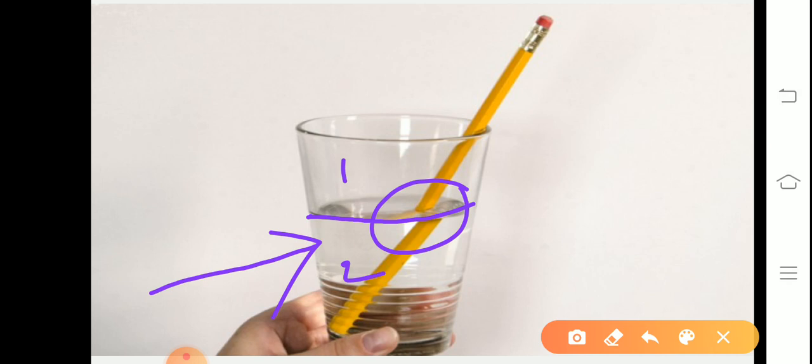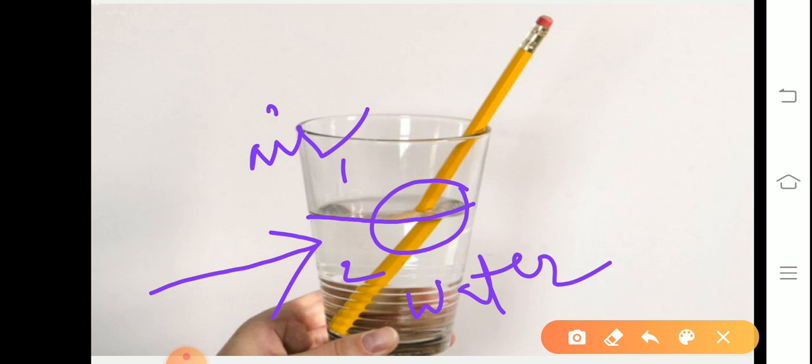What are the mediums here? Above the water surface, air is present, and inside is water. So these are the two mediums, and the line separating them is called the interface. At the interface you observe the bending of the pencil, right?